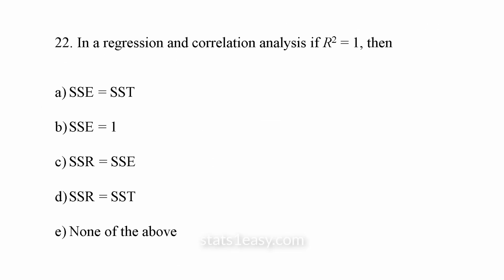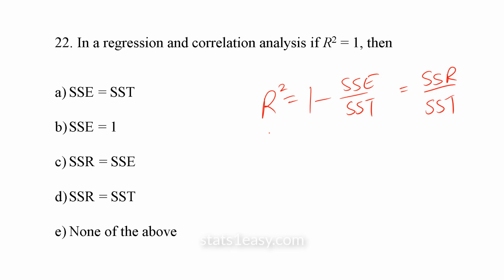In a regression and correlation analysis, if r squared equals 1, so one of the formulas we have for r squared is 1 minus SSE over SS total, which is the same thing as SSR over SS total. So one of the ways r squared can be 1 is if SSE equals 0.